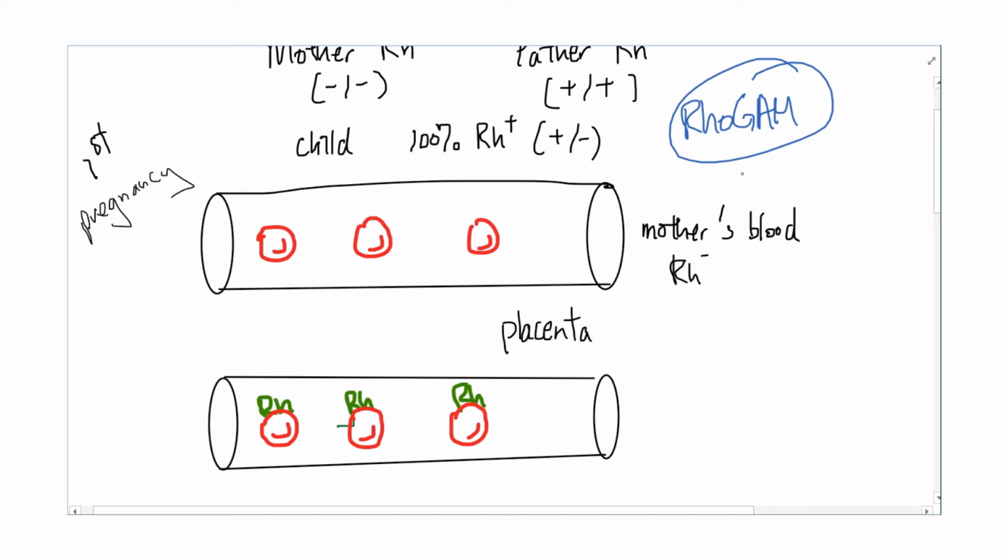at some point during pregnancy, and you will also give it after delivery, and so if you inject the RhoGAM into the mother's bloodstream, they will stay there. Okay, so there is the RhoGAM.